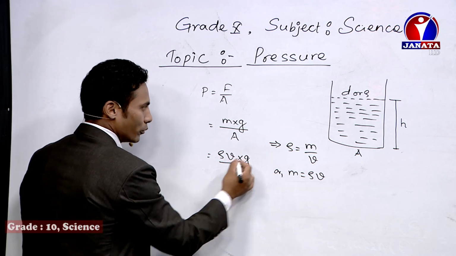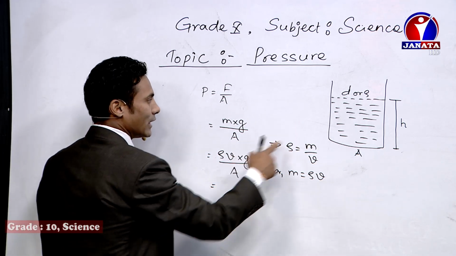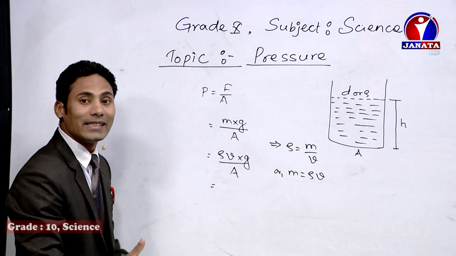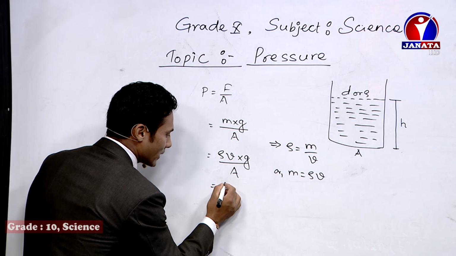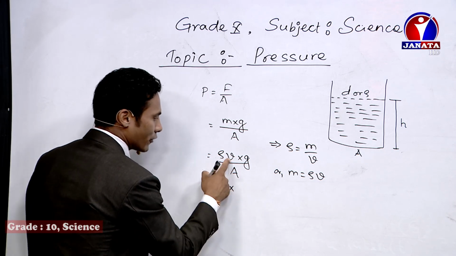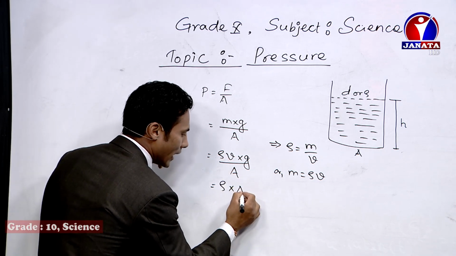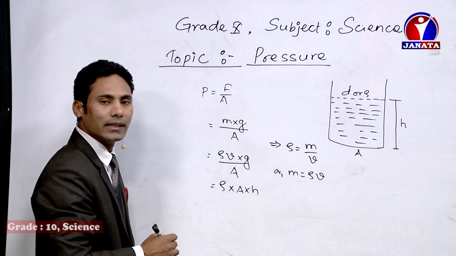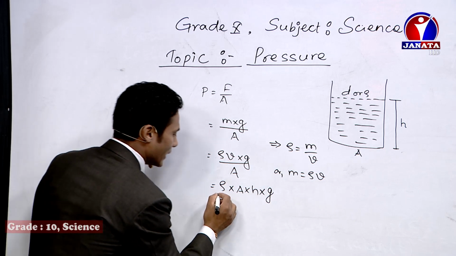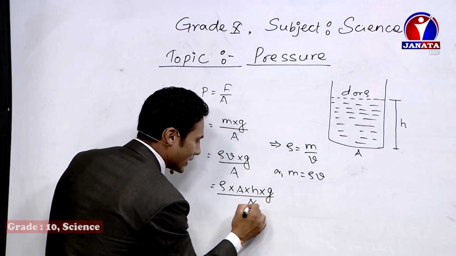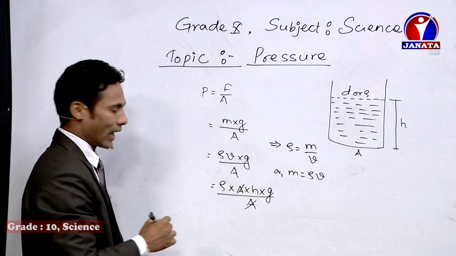Here instead of volume we can write in terms of area and height. That means density as it is, volume is area into height, into acceleration due to gravity g as it is, divided by A. This area A in both places is the same, so we can cancel.